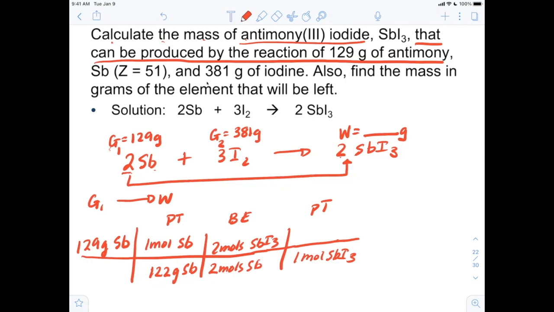SbI3: Sb is 122, I3, open parentheses, 3 times 127, close parentheses. That gives me 503 grams of antimony 3 iodide. Remember, the PT is the molar mass from the periodic table, and molar refers to 1 mole. There's a mass of 1 mole, so the mass goes with 1 mole, okay?